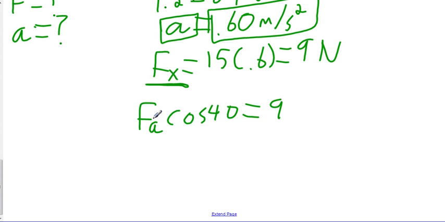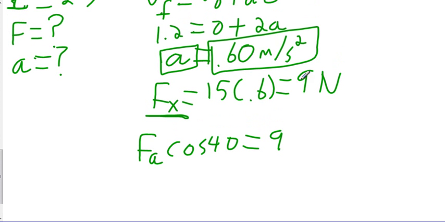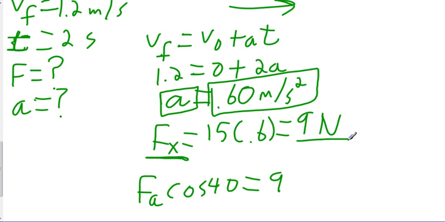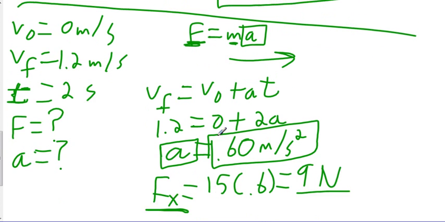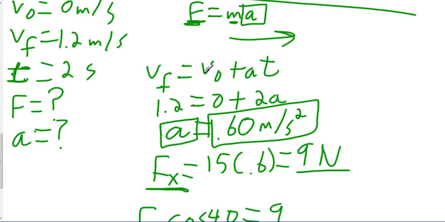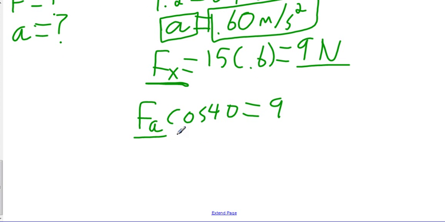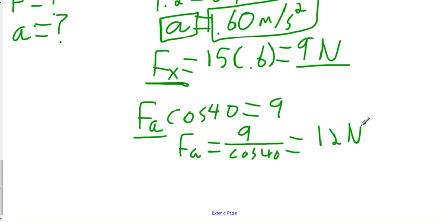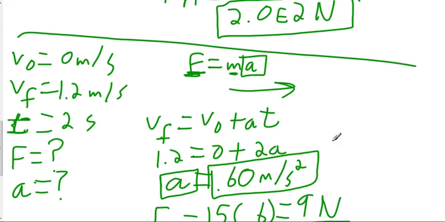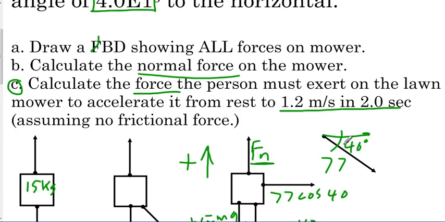So the force times cosine 40 is equal to 9 newtons. And again, this is because 9 newtons was the sum of the forces in the x, because this is accelerating in the x. So from there, we can get our force applied. Our Fa is going to be equal to 9 divided by the cosine of 40, which gives us 12 newtons. So this is what our answer will be for this problem: 12 newtons that are applied at 40 degrees along the handle. And again, this is assuming no frictional force.